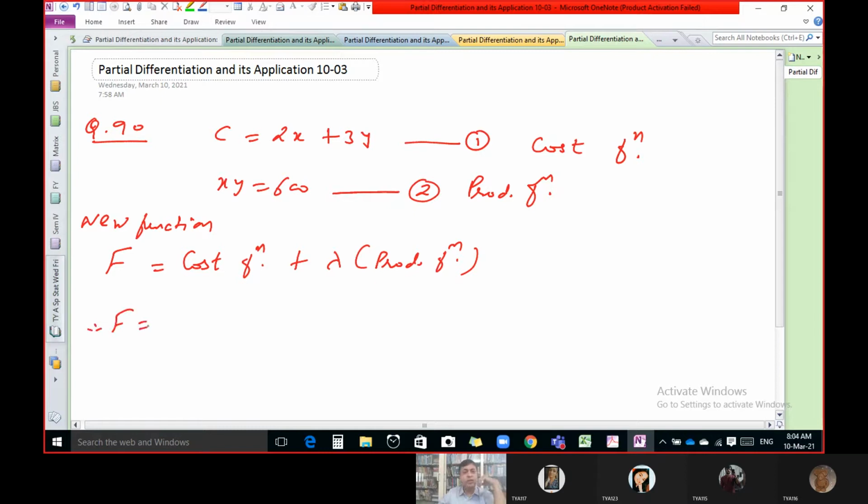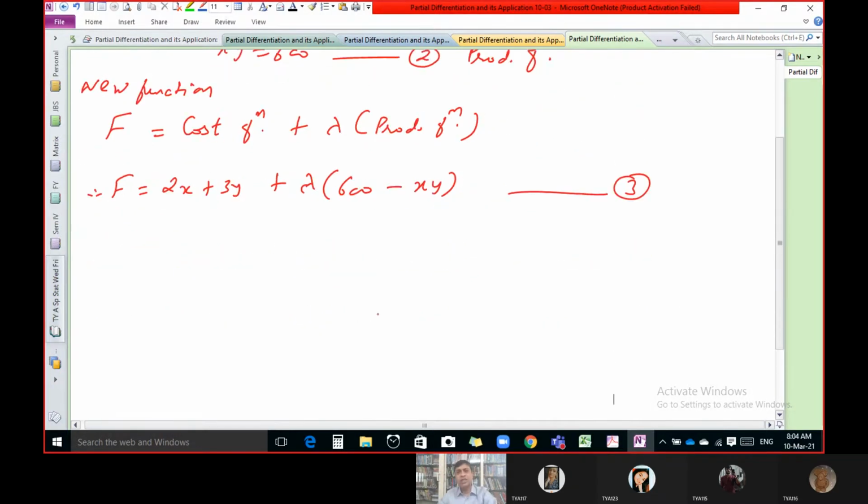So we get F equal to 2x plus 3y plus lambda into the production function. Here you have to write the production function like this: first write the constant 600, and take xy on the other side, minus xy. This is equation 3. And now it's a routine question. Once we have this, it becomes routine.